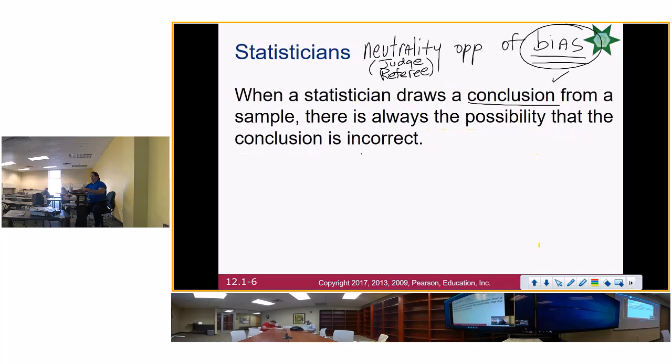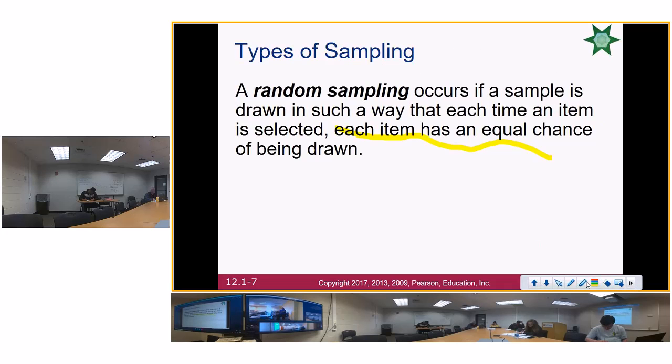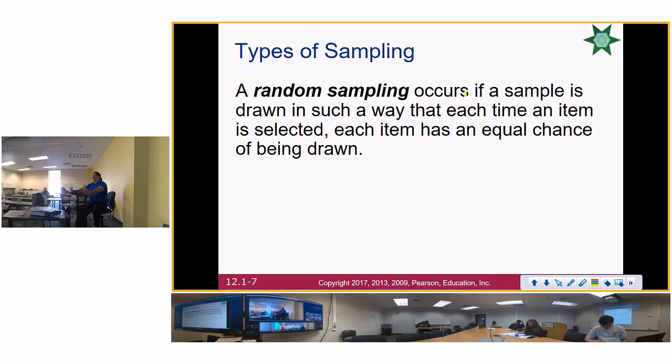Each item has an equal chance of being picked. Now, you're going to be asked that on some test, whether it's my test or a standardized test. That is a test question. Each item has an equal chance of being drawn.